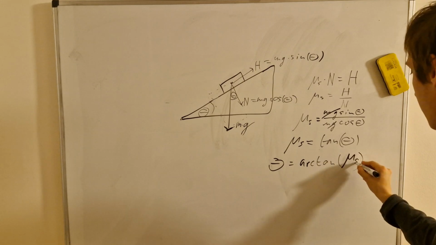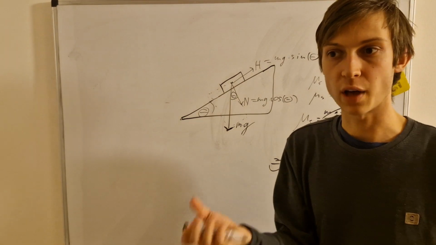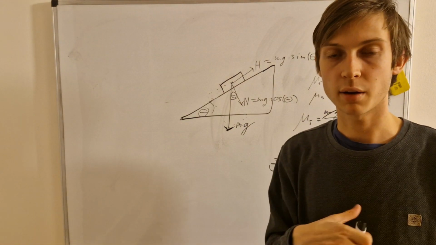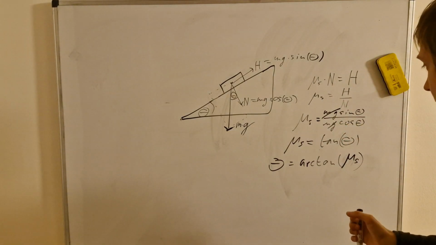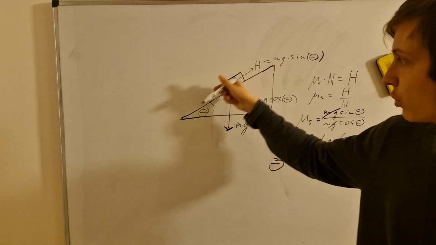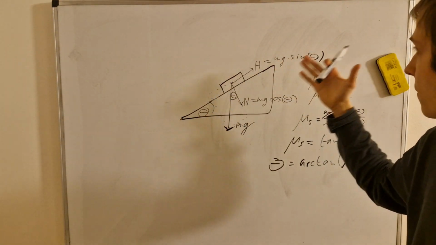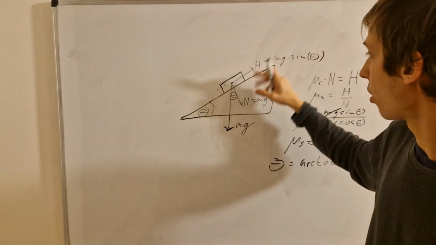So, we see that regardless of the actual weight and gravitational acceleration, because that's been cancelled out here, we can directly relate the angle at which it will start sliding to the ratio between the two components.